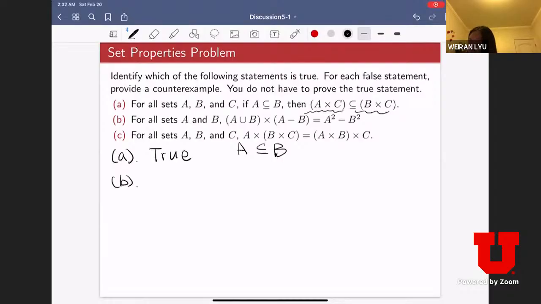It would be hard to figure out if it's true or not just by staring at it. If you write it out, like what we did for the last example, I set A as a set containing only element 1, and then B is 2.